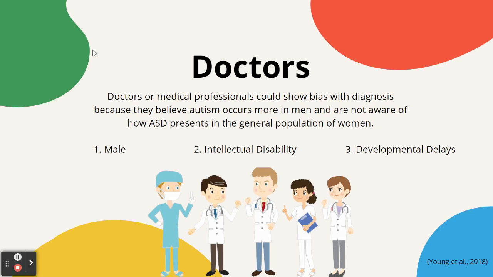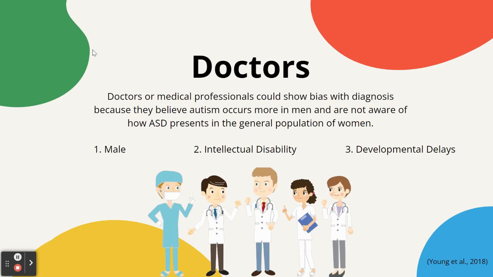Studies have shown that if a girl has no intellectual disability, she is less likely to be diagnosed. So, if a young girl with autism goes into a doctor's office and she has no intellectual disability, then she is less likely to be identified because developmental delays can be an explanation for anything. There are so many explanations for why a child may be talking a little bit later, walking a little bit later, or making eye contact a little bit later.